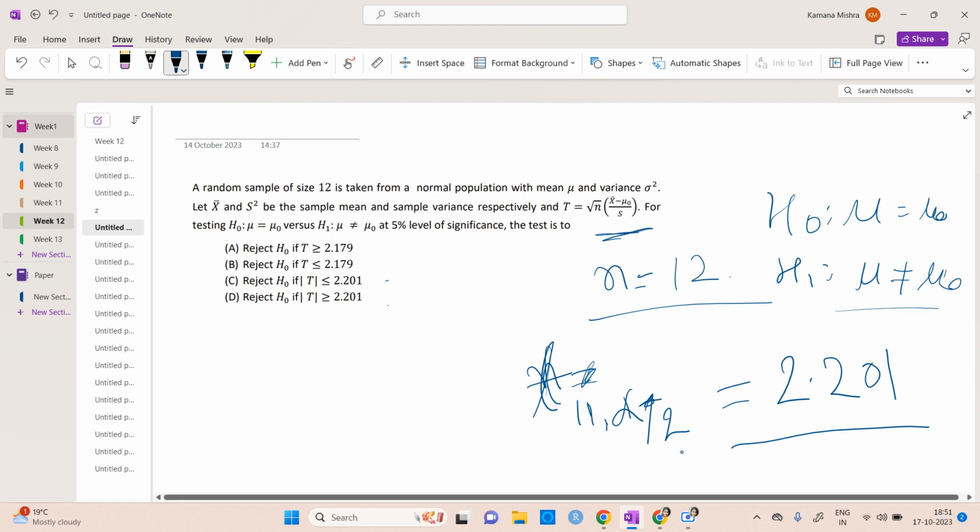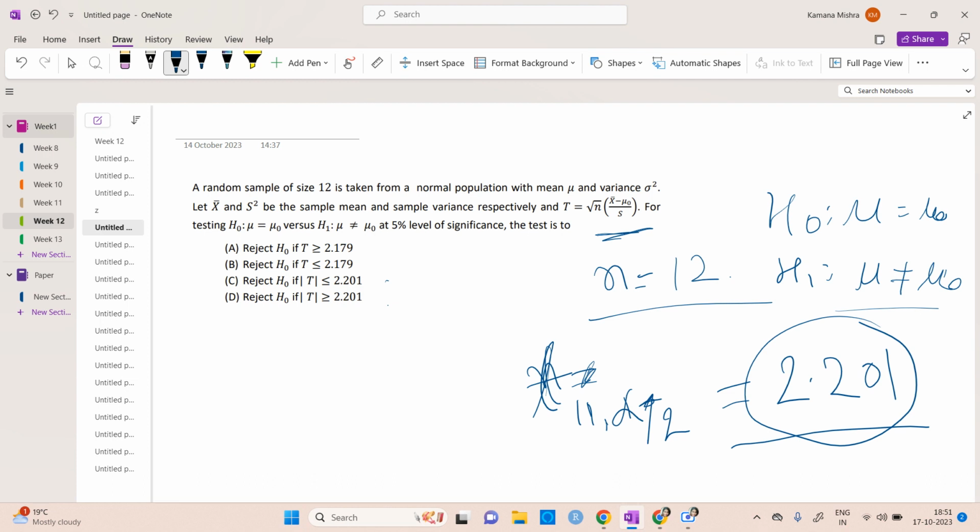So this is the test statistic; when do we reject this null hypothesis? Okay, why do we reject when it is less?